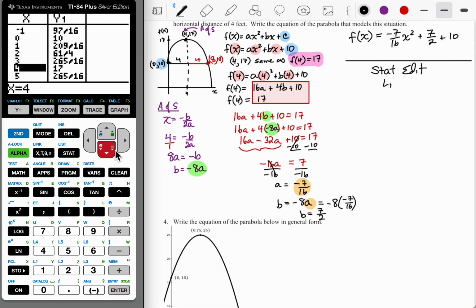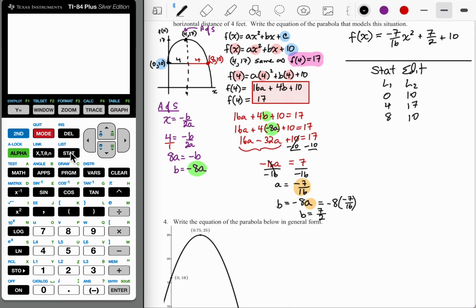And in L1, we're going to put all of our x values, 0, 4, and 8. In L2, we're going to put all our y values, the corresponding y values, 10, 17, and 10 again. So I'm going to quit out of here so I can do that.